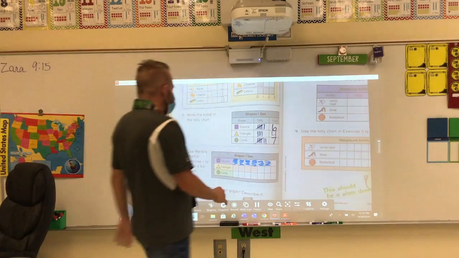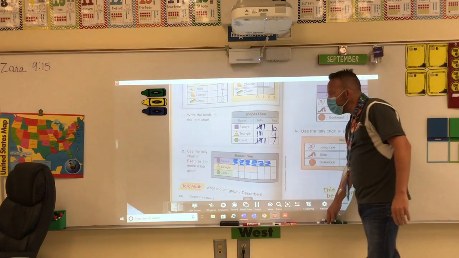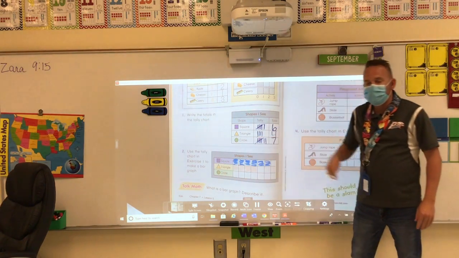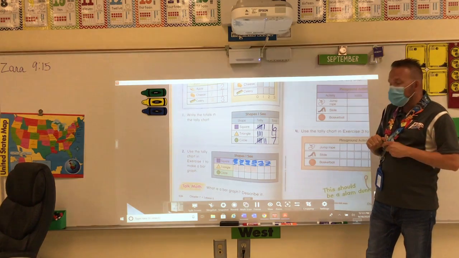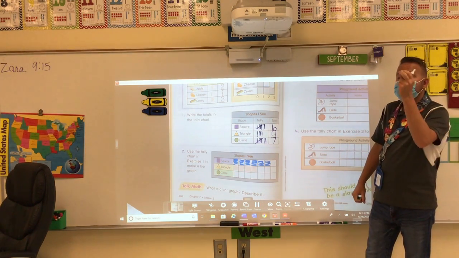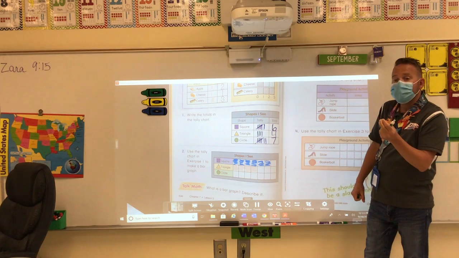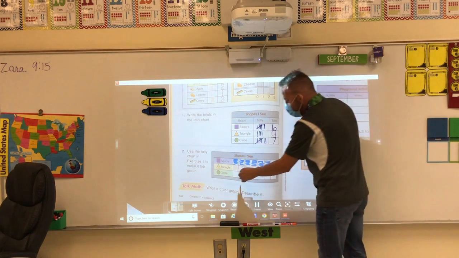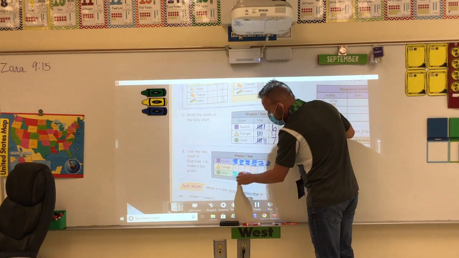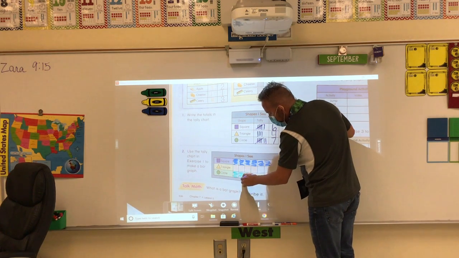Let's go back up to my tally chart. How many people saw circles? 7. So we're going to color how many bars on my bar graph? 7. So start on your left. 1. Do that on your own, and then raise your hand.